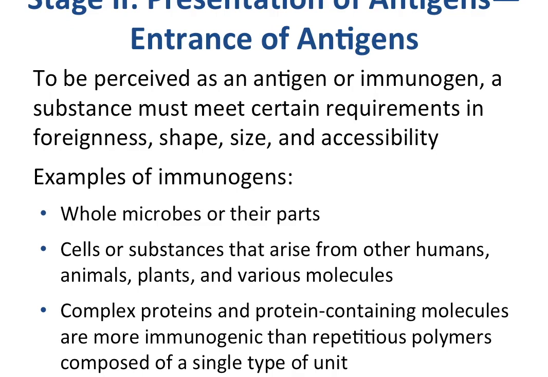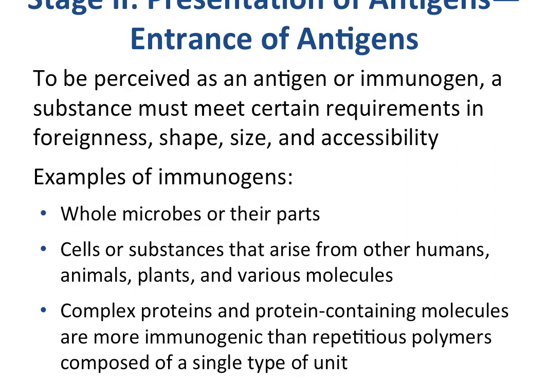Now let's talk about the antigen presenting cells. How do T cells and B cells get the antigen? Because we have several specific cells that can deliver the antigen. The antigen could be the whole microbe, or part of the microbe, or even a cell substance from our own bodies.